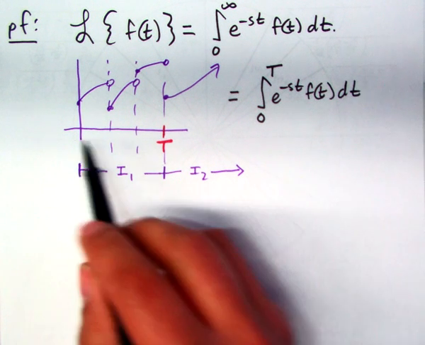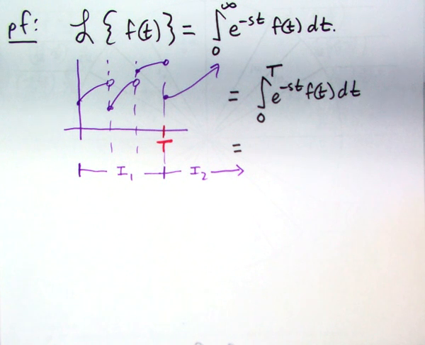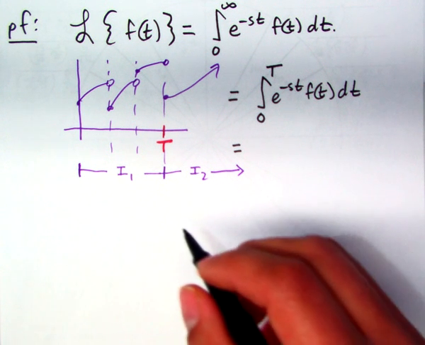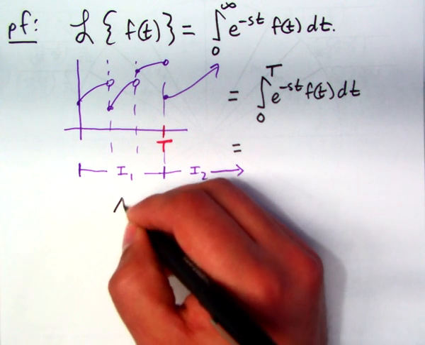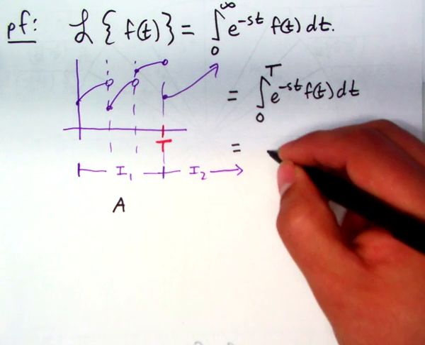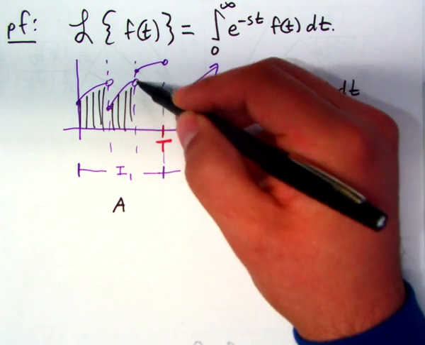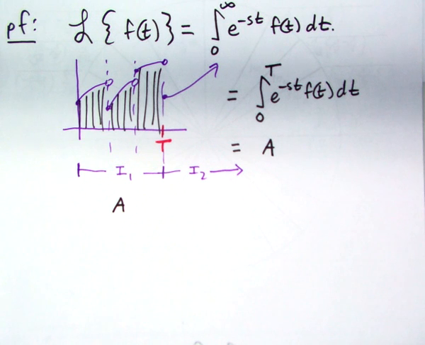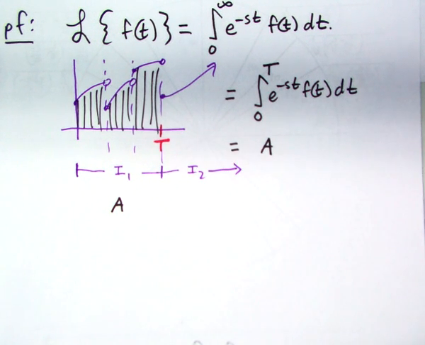So if I were to take the area under each of these, let's call that area A. Okay? We can split up this transform into as many little pieces as we need, right? If there's 5 integrals, 6 integrals, doesn't matter.